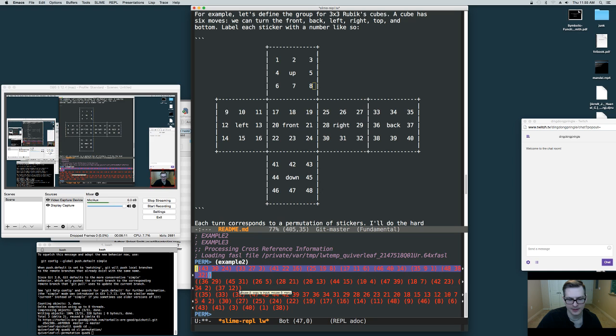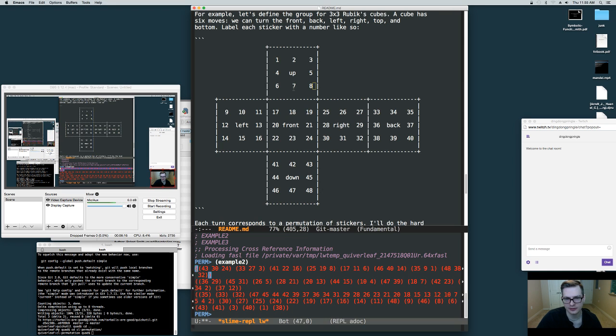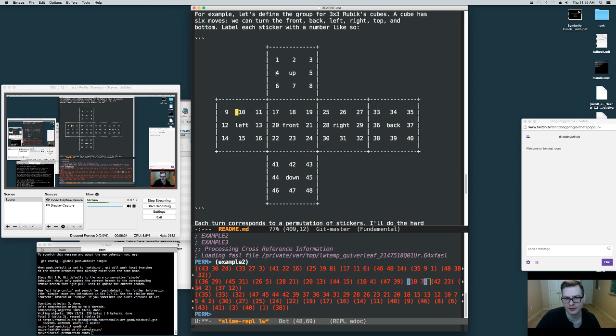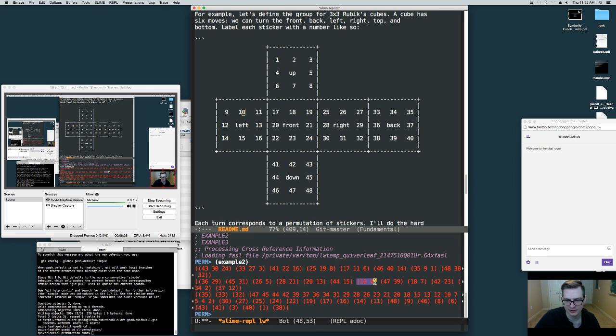Likewise, for the edges, if we look for 7 and 18, that's right here, and 10, 4, that's right here, and so on. So we've extracted all the corners of the cube and all the edges of the cube.